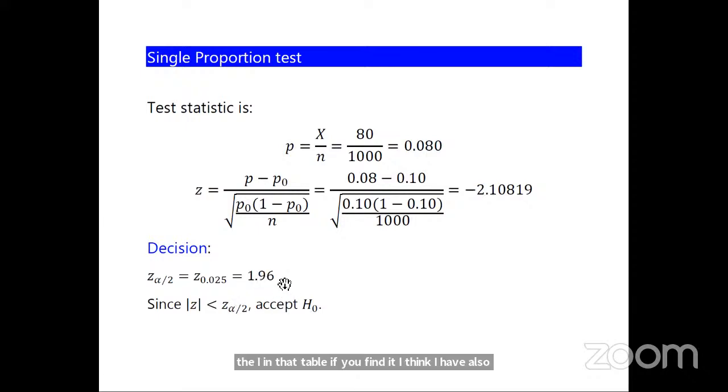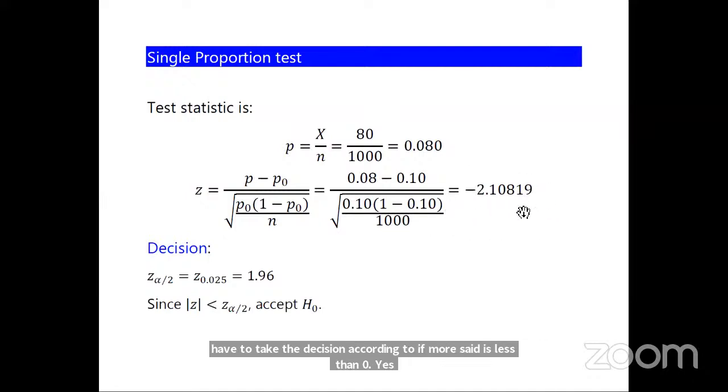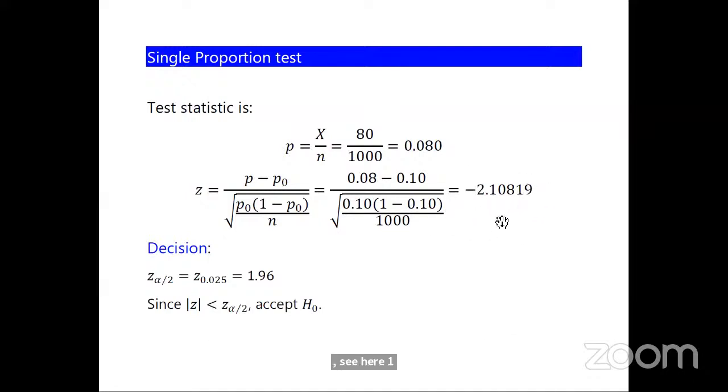It is 1.96. Now, we have to take the decision according to whether mod Z is less than Z alpha by 2. See here, mod Z means the positive of this, that is 2.10, and it is greater than 1.96.